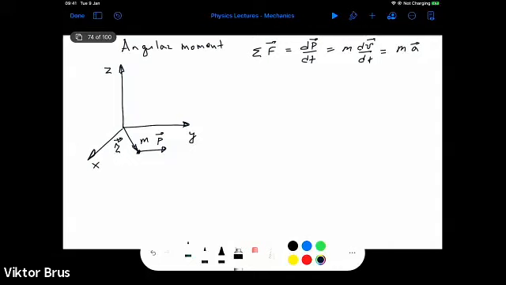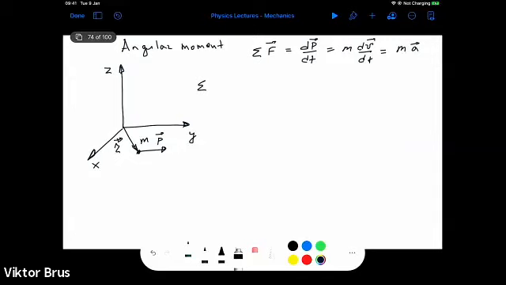So let us write the equation for the torque which is exerted on this body with a mass m.